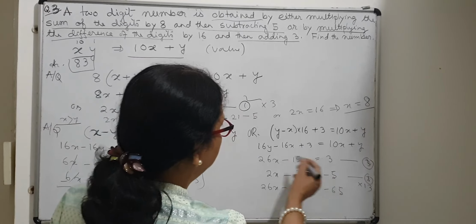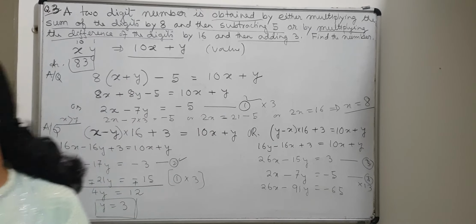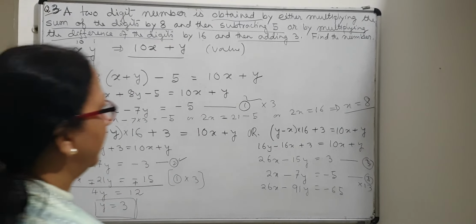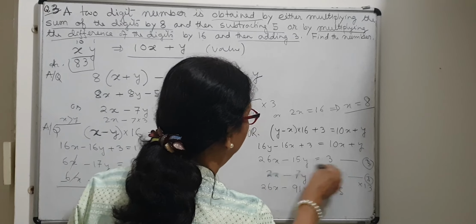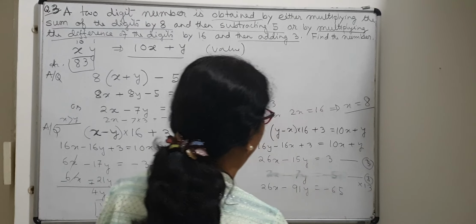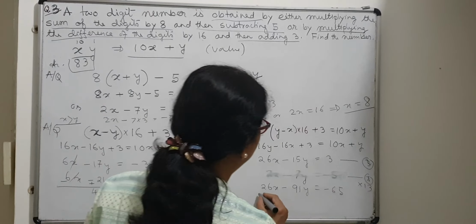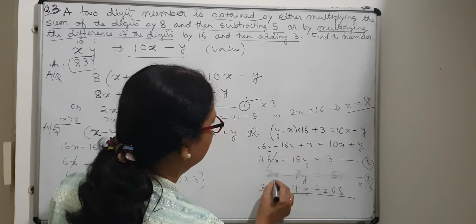So then we have to subtract this from this. When I subtract, plus and minus get cancelled.